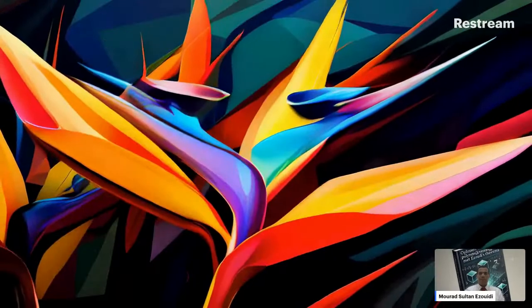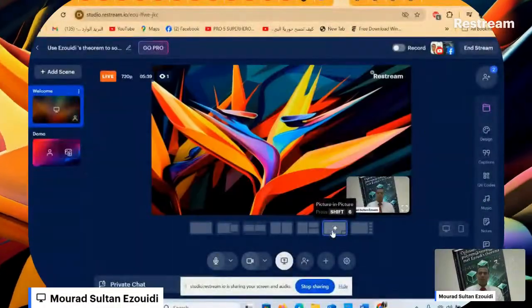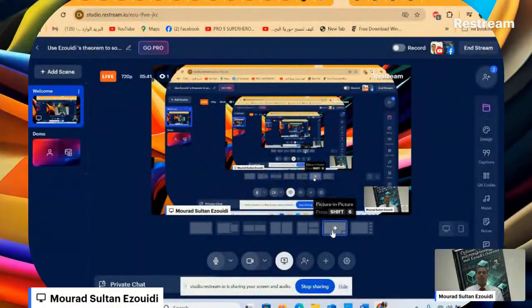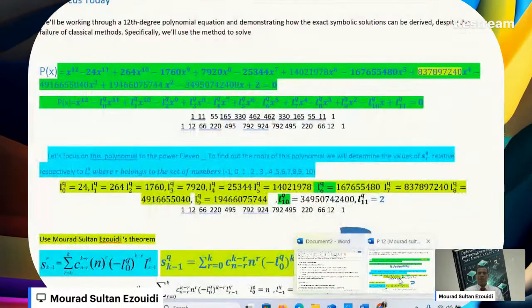Okay, so let's start. I'm going now to share the screen so that you can see Professor Mourad Sultan Ezouidi and his method, his theorem, and how it works. So you can see now the whole lecture. Here we have a 12-degree polynomial equation.